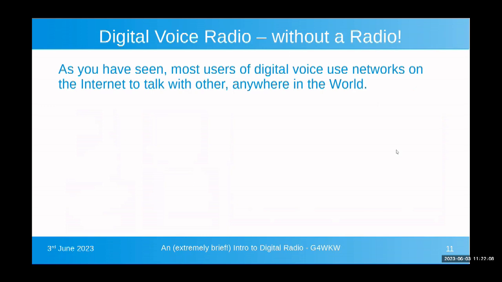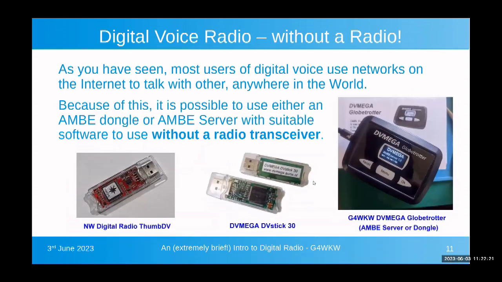As you've seen, because of the nature of digital voice, it lends itself to going across the internet and linking with systems worldwide. Because of this, you can use what's called a dongle, right? So generally it plugs into a PC, and there are various different types, but there's one here which is a DV Mega Globetrotter, and that particular one can act as a dongle, but it can also act as a standalone AMBE server.